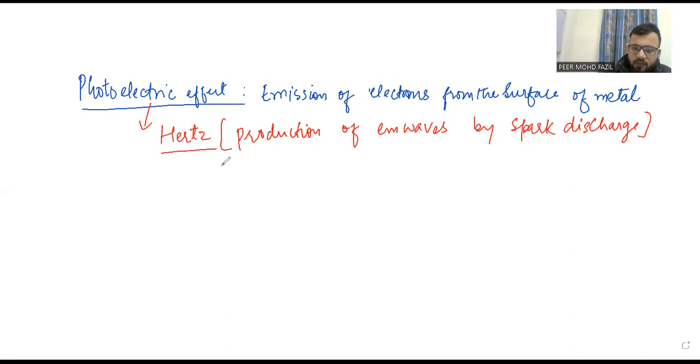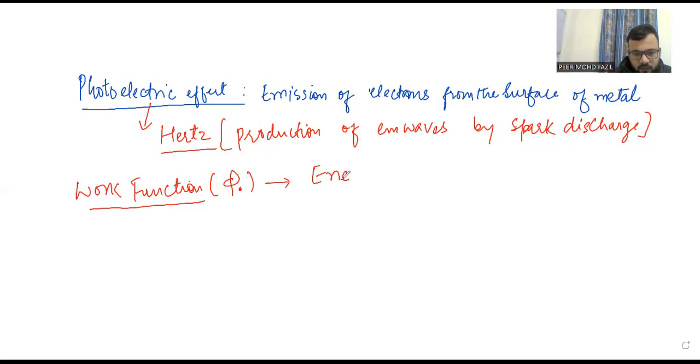After that there was Hallwachs' experiment. They gave the concept of threshold frequency. In the previous lecture we discussed work function, denoted by phi naught, where we were concerned with energy.